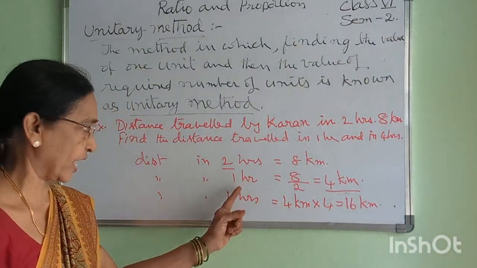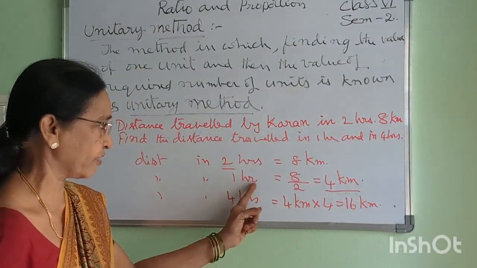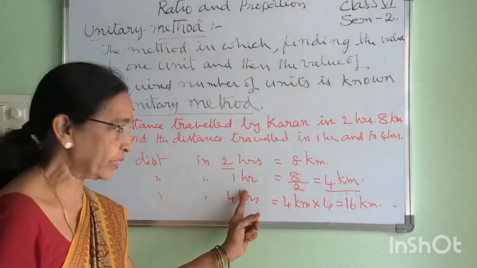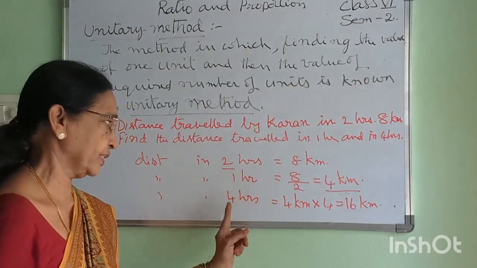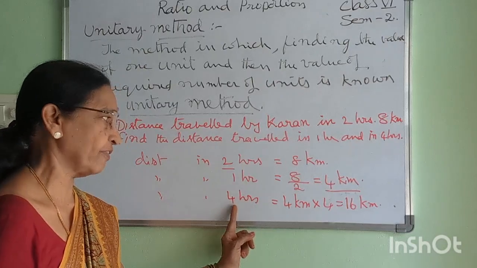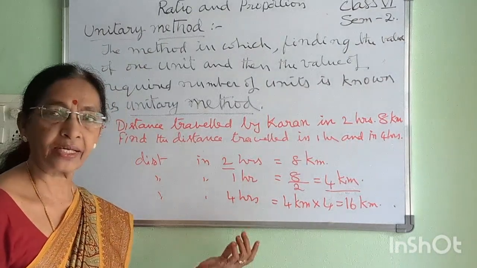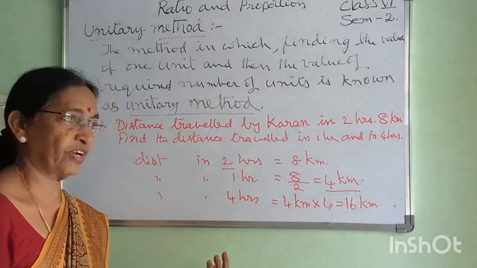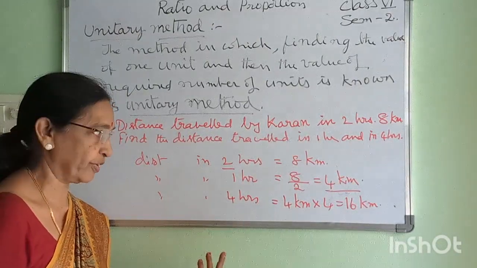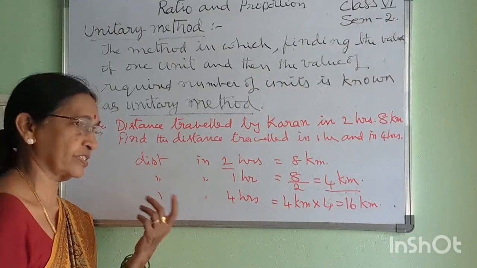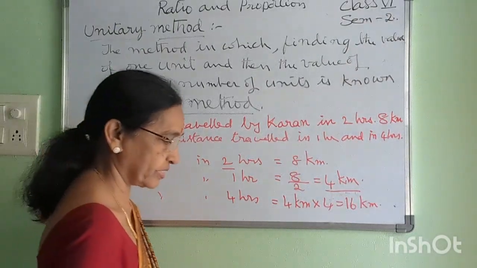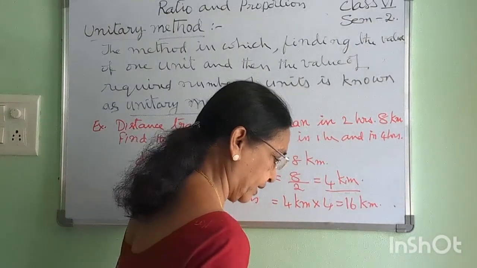We first calculated the distance travelled per unit time, in 1 hour. Then we calculated the distance travelled in 4 hours. Thus we can calculate the distance travelled in whatever time, 5 hours, 6 hours, 5.5 hours, 8 hours, 10 hours, like that.